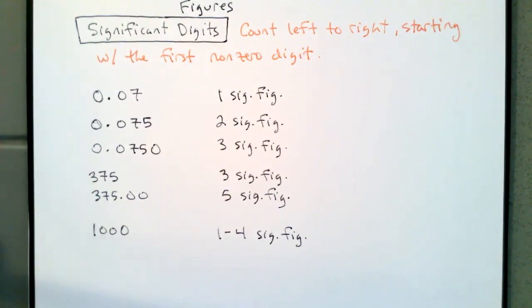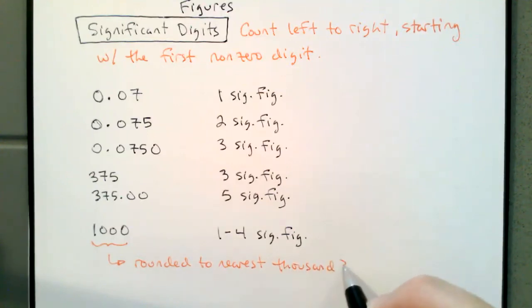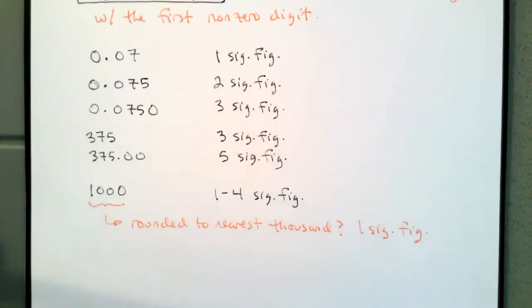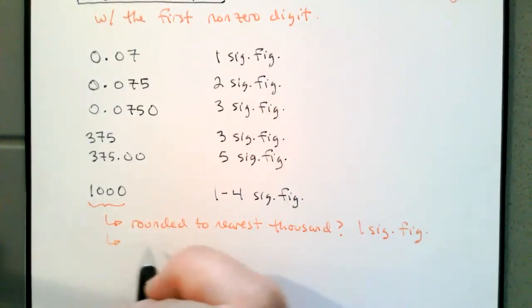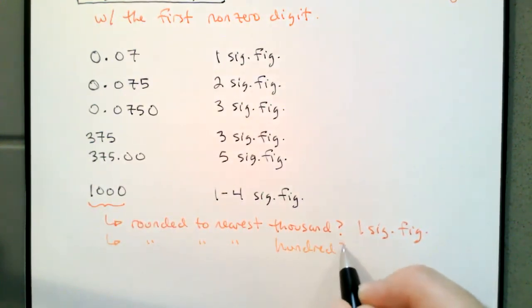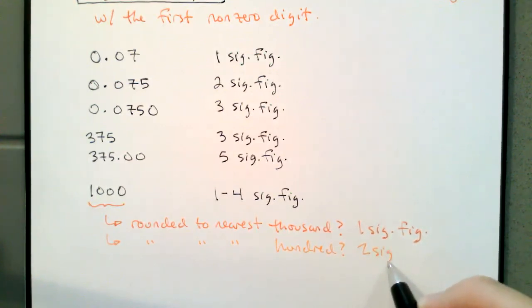If this number has been rounded to the nearest 1000, then it's one significant figure. But if this number has been rounded to the nearest 100, we might be justified in saying that there are two significant figures.